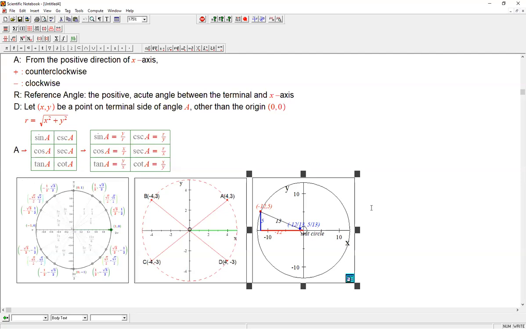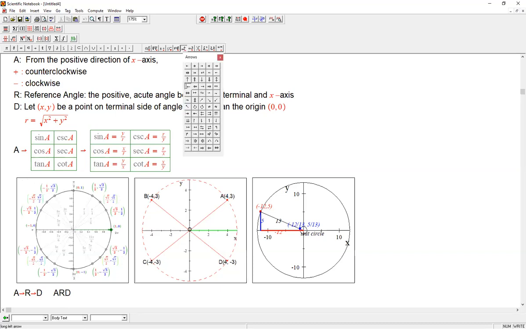I wish you to see that. Once you keep your focus on ARD, you will see that all the questions you are ever going to see in trigonometry are either A to D or D to A. That's all the questions you will ever see in this life.